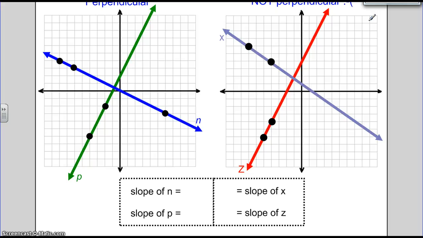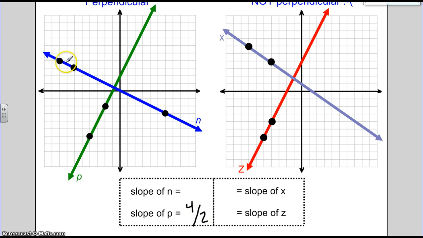If I want them to be perpendicular, let's try to figure out what that actually means. The left side is perpendicular, the right is not. Let's find the slope for this green line, which is 1, 2, 3, 4, up 4, and over 2.